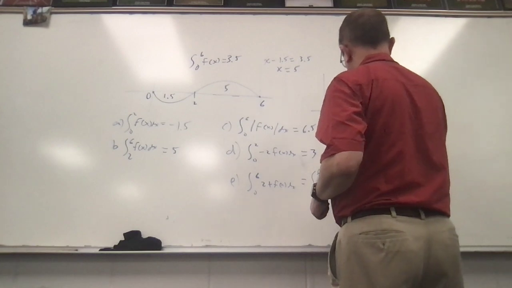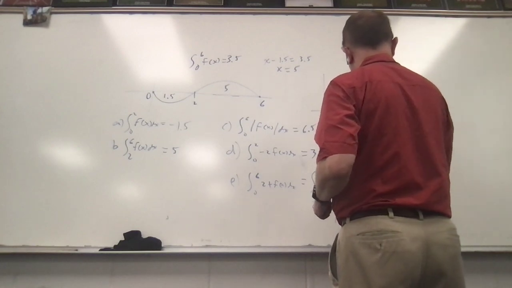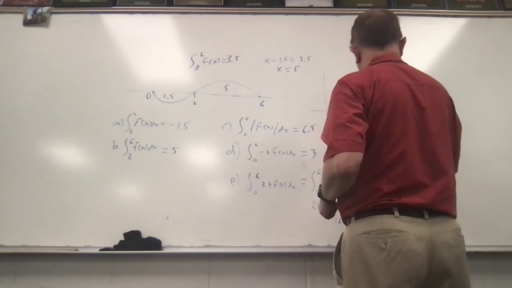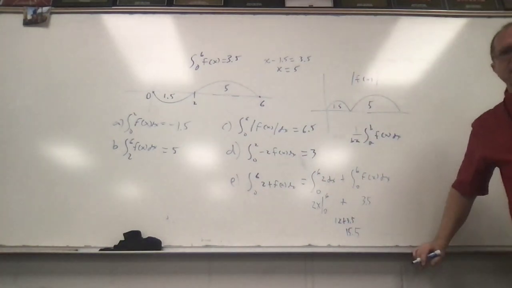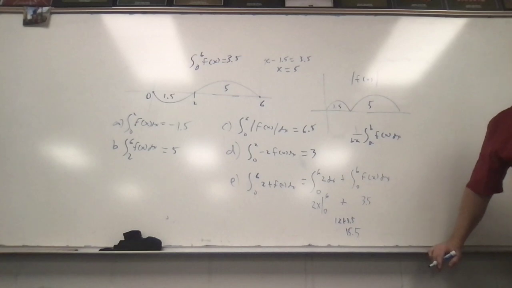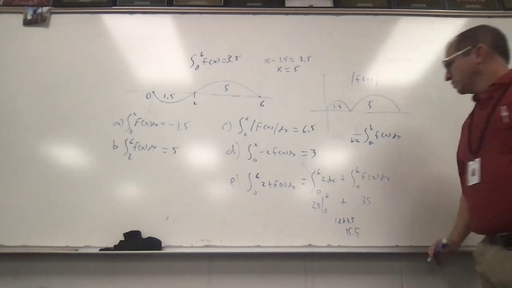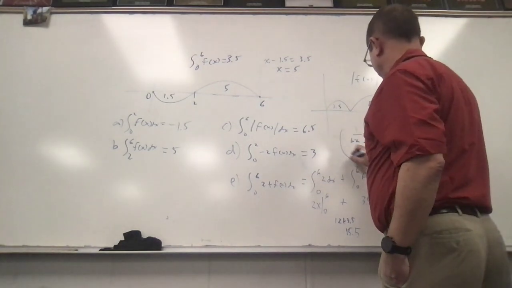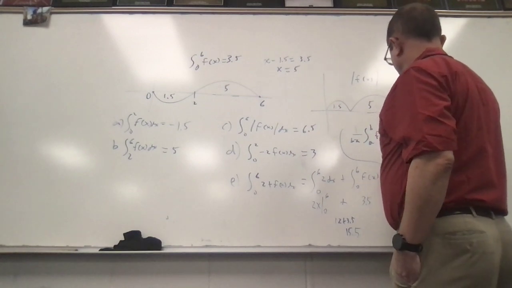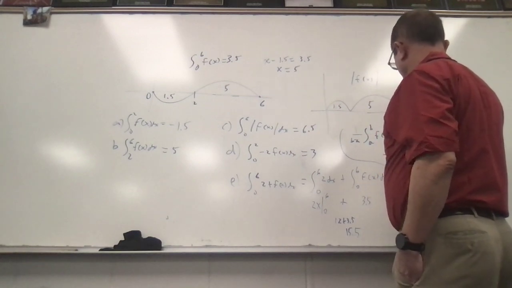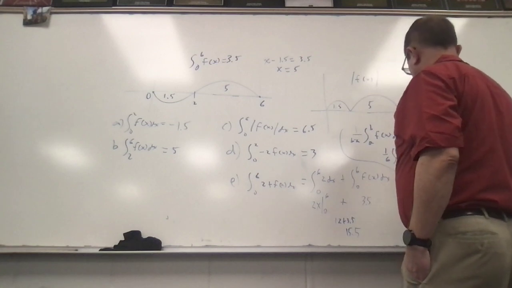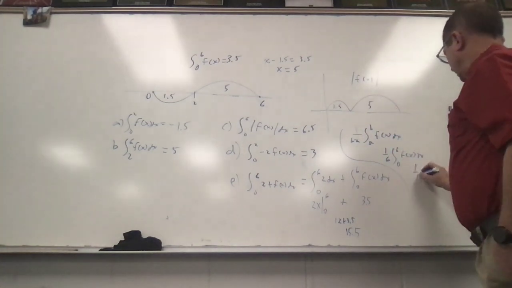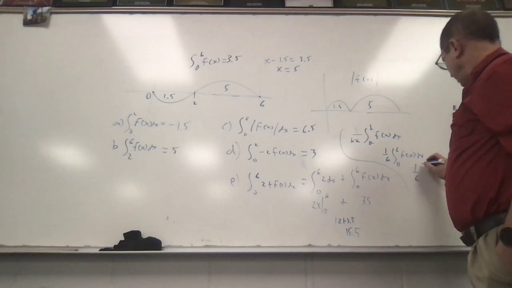It would be 1 over b minus a times the integral from a to b of f of x dx. So what are a and b in this case? 6 and 0. So it's going to end up being 1/6 of the integral from 0 to 6 of f of x dx, which is 1/6 of 3.5.